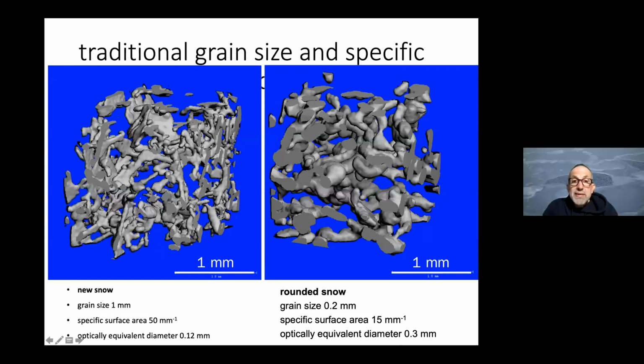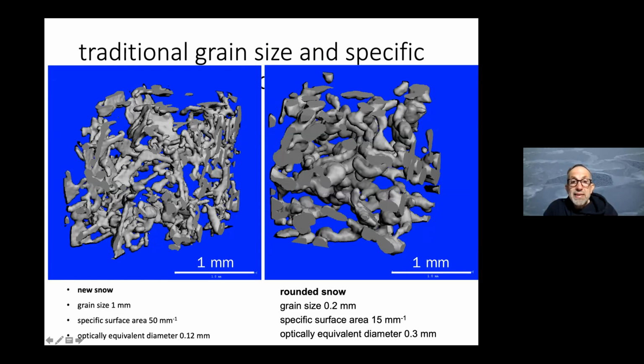When we do this tomography, we can, as I said, measure precisely the geometric properties. One property that is traditionally used is called grain size. It's the largest extent of a snow particle. When we look at these two different tomographies, they look quite different.